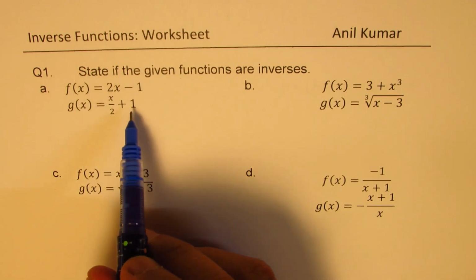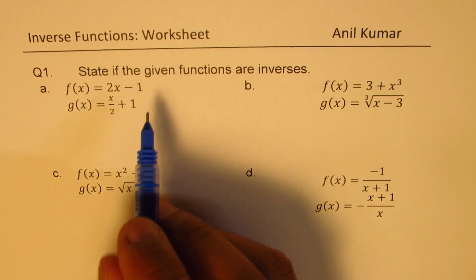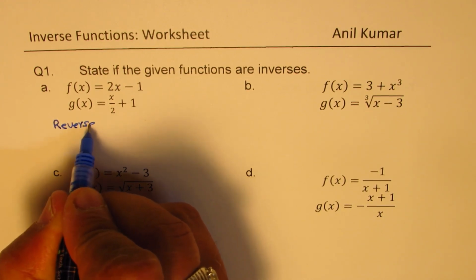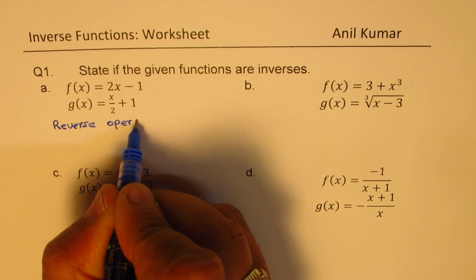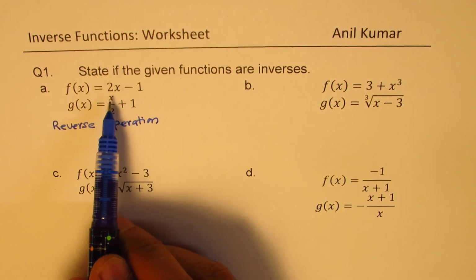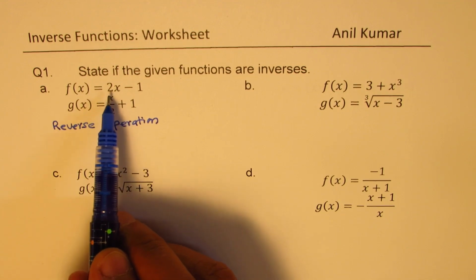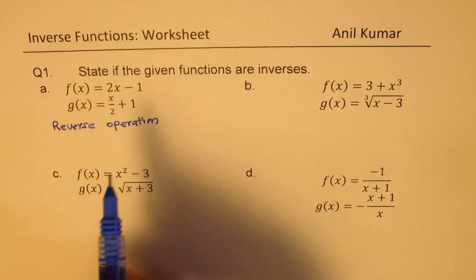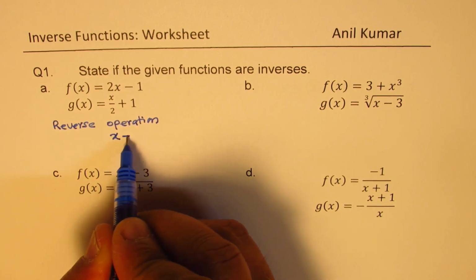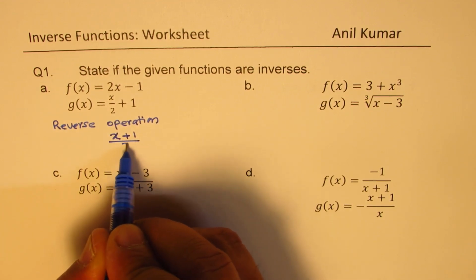We can figure out in different ways. One of the methods is reverse operation. The statement says that multiply by 2, then take away 1. Reverse operation will be to the x, we add 1 and then divide by 2, right?